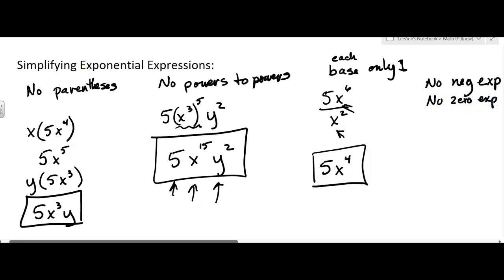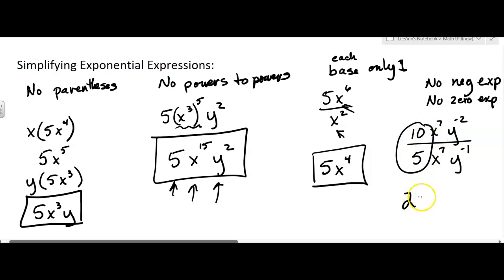So let's say you have something like 10x to the 7th, y to the -2 over 5x to the 7th, y to the -1. Okay? And you're like all excited. You're like, okay, I know those rules. I know how to do this. I take the 10 over 5. That's 2.